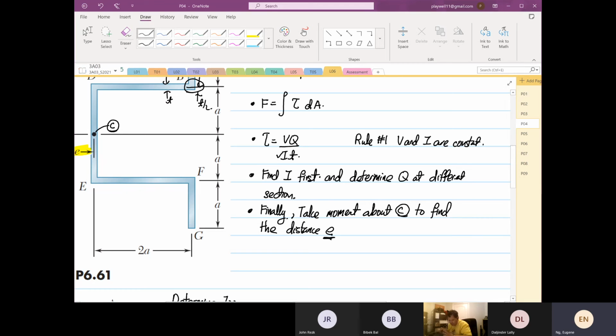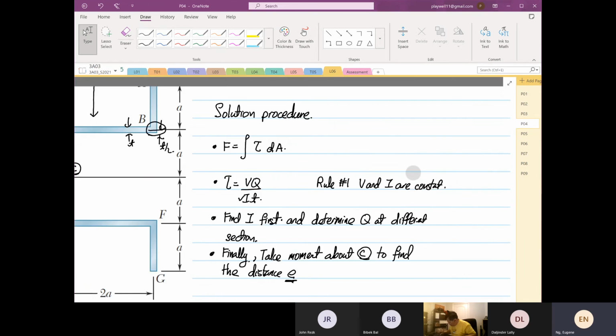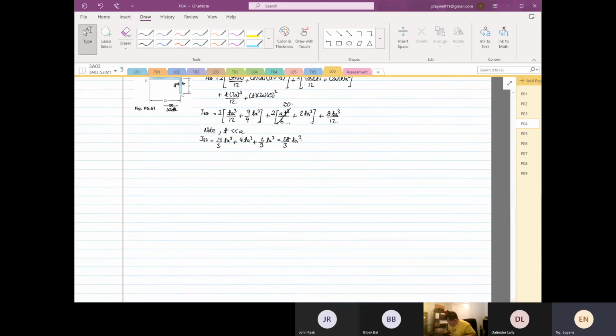Okay, so it's okay. So next, we're going to find the shear stress. Hold on. Yeah, we're going to find the shear stress. Do I have space? Oh, okay. We have.